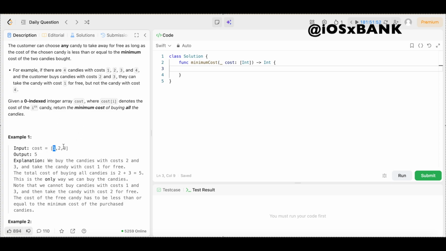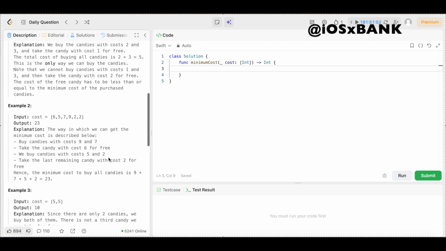And if the minimum is 1, we can't get this candy for free because 2 is greater than 1. So if we want to get all of the candies, we have to buy these 2 and then we'll get this one for free. Otherwise, we won't be able to get this one for free. That's why we buy these 2, so we could get that one for free.